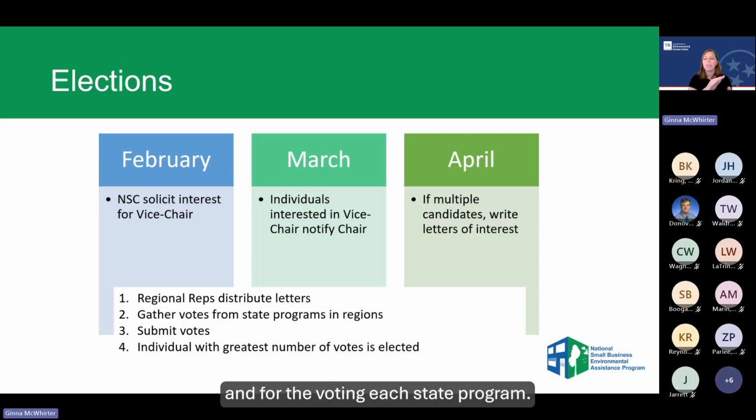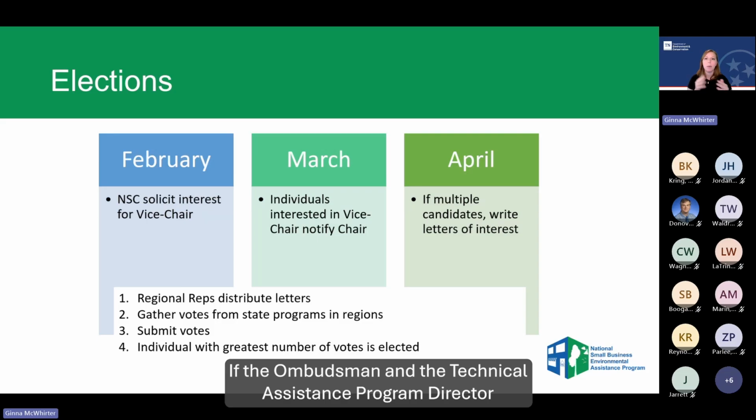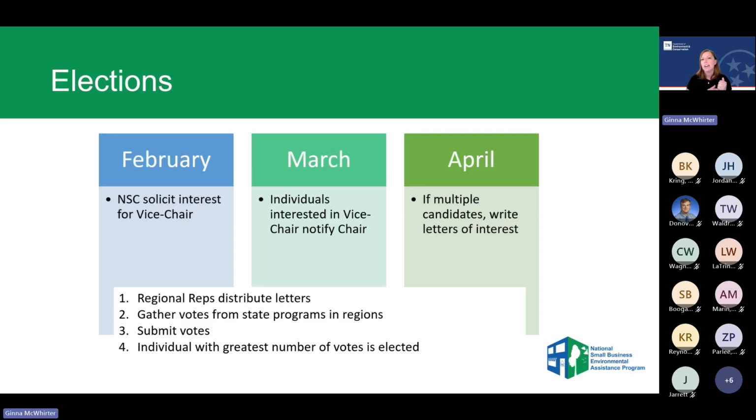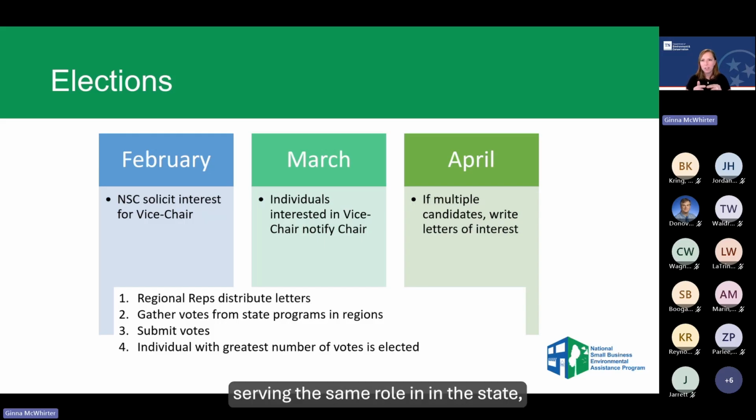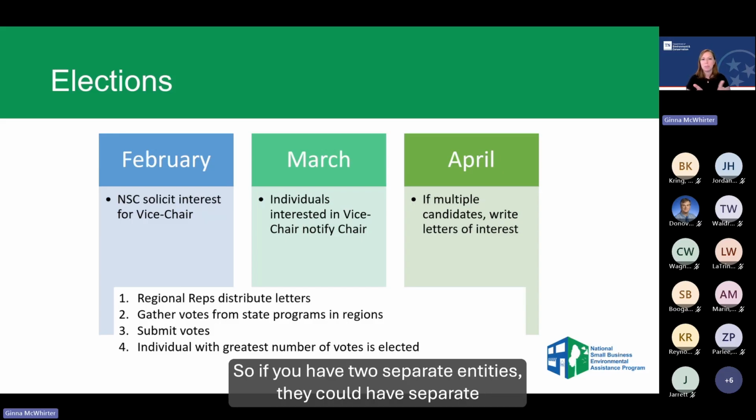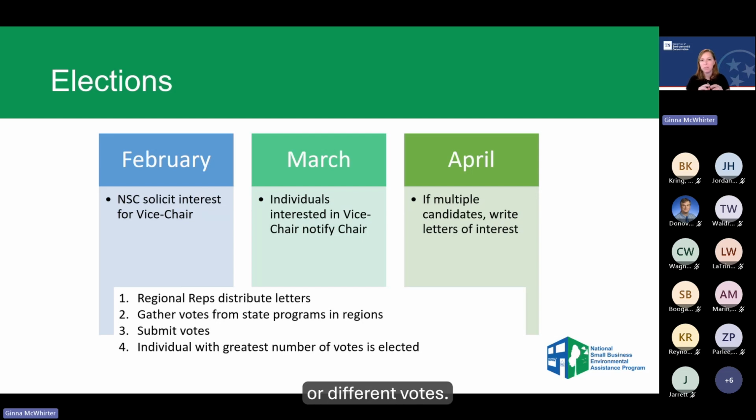And for the voting, if the ombudsman and the technical assistance program director are both serving the same role in the state, those votes get counted twice. So if you have two separate entities, they could have separate or different votes.